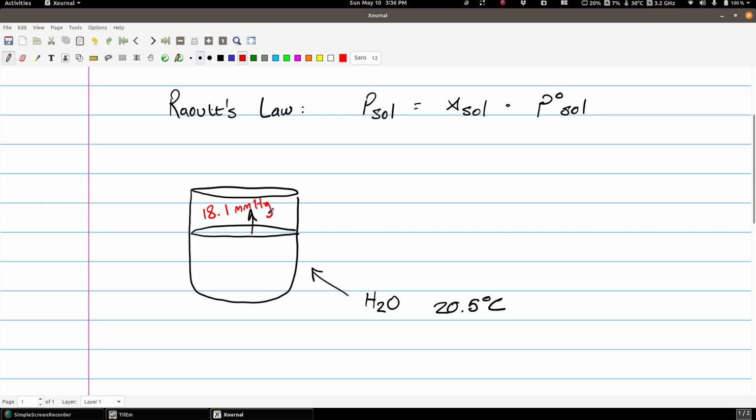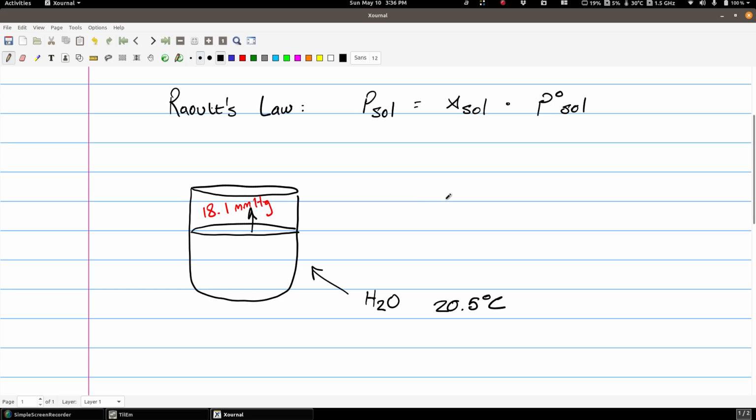That's the amount of solvent that's turning from liquid into a gaseous form, and it's equalizing with the air pressure. So essentially we have a very small amount of pressure from the water that is turning to vapor.